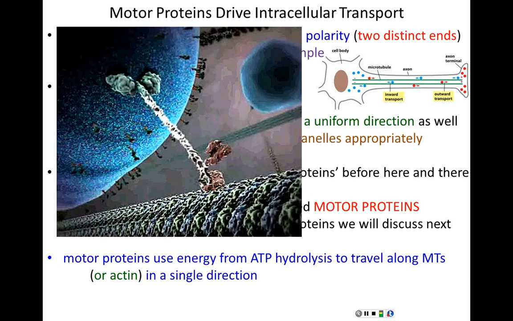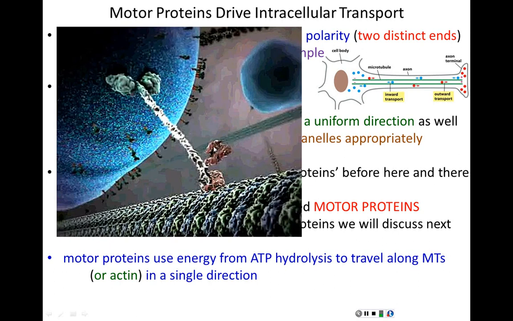Again, to give us some lay of the land here, what we see is a beautiful picture of a microtubule here running along the bottom. This seems to be a vesicle, transport vesicle, that's being carried. The transport vesicle is held to the motor protein through these two binding domains of the motor protein. And here at the other end is the region of the motor protein that is doing the walking.